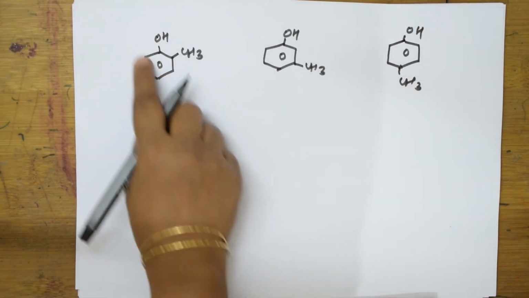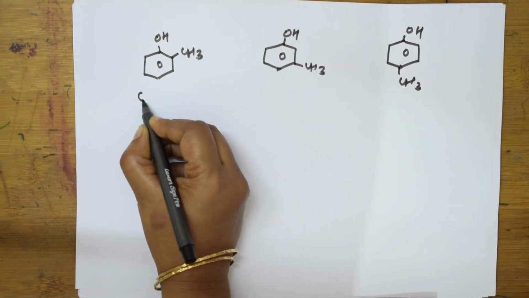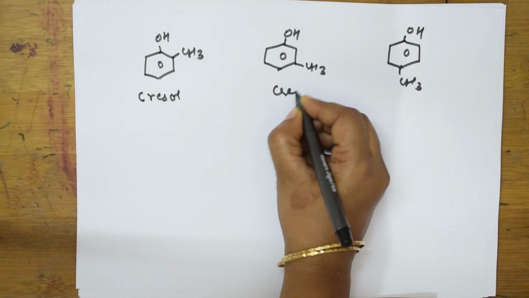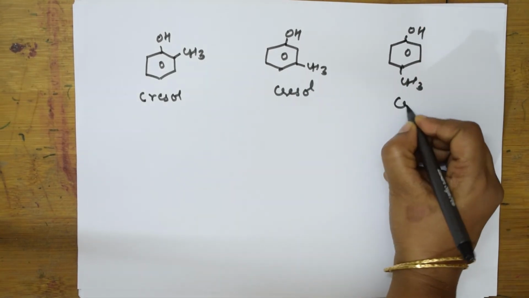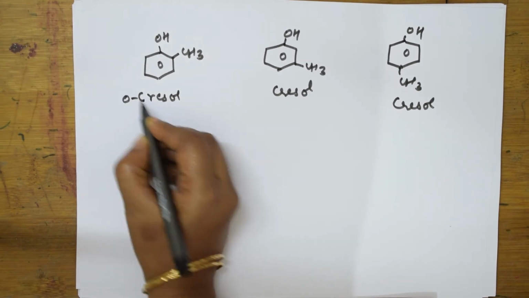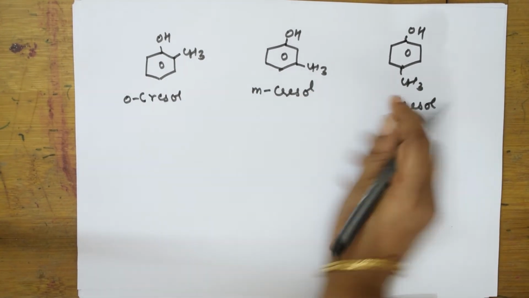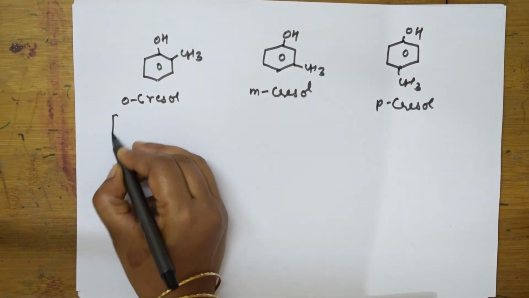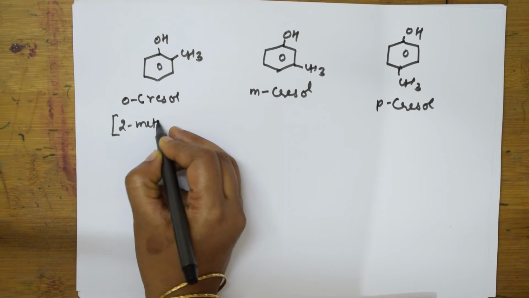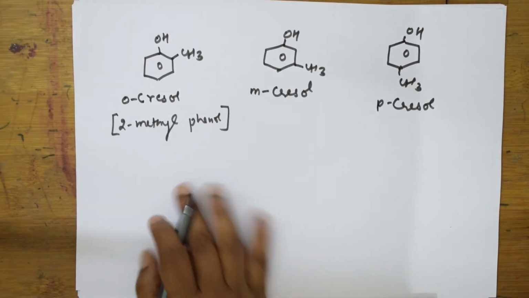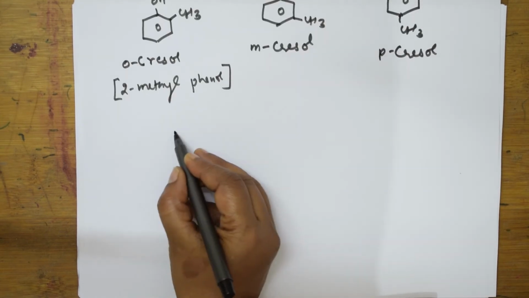When you have OH and CH3 together, it is called cresol, right? This also is cresol, and this also is cresol, because OH and CH3. Which cresol is this? Ortho cresol. Meta. Para. I can also name this as 2-methylphenol. Correct?